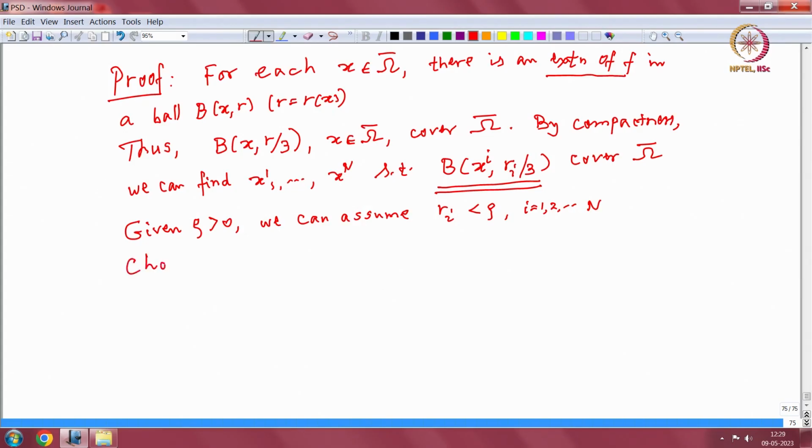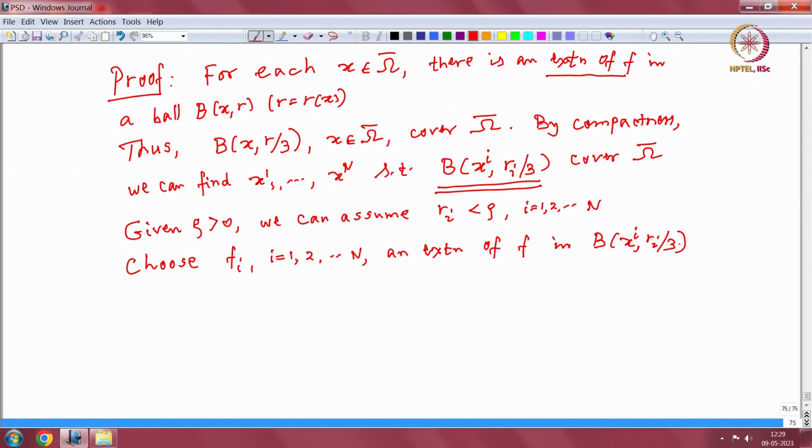So choose fi, i equal to 1 to n, an extension of f into the ball B(xi, ri/3). We cannot just define the extension to be fi in these balls, because they may overlap.